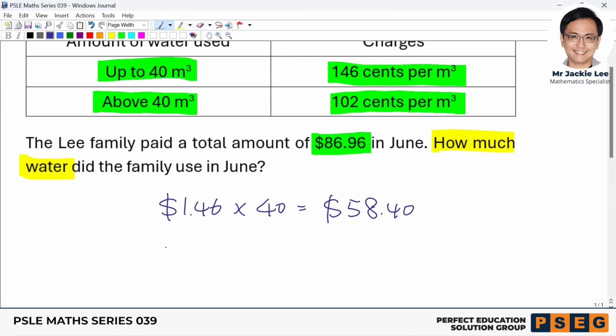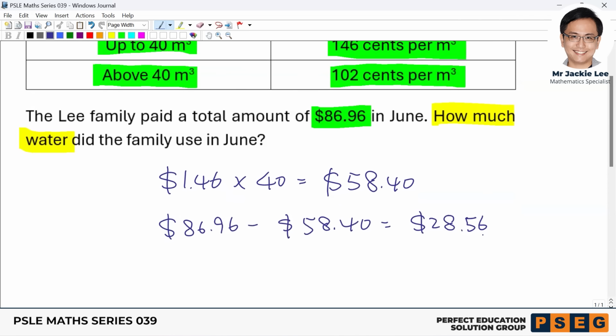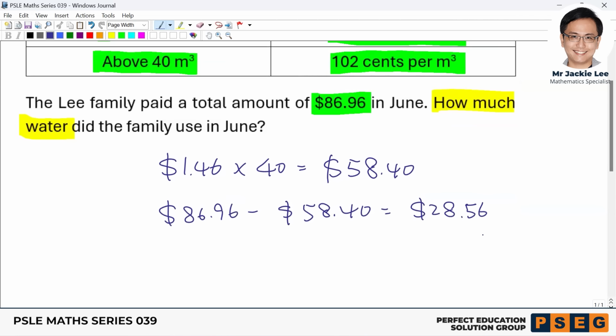Then after that, we take the total amount of money that was paid, 86.96, minus this first 58.40. That will give us 28.56. This 28.56 is now subject to the new rate, which is 102 cents per meter cube.